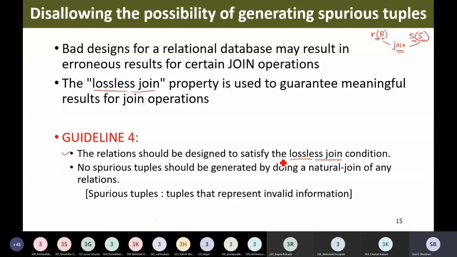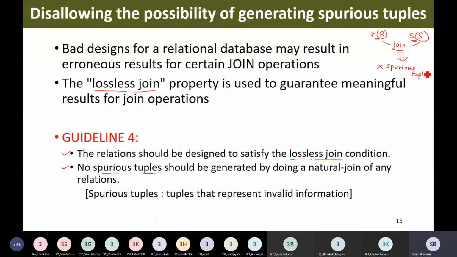What we mean by spurious tuples? Spurious tuples means the tuples that represent some invalid, meaningless information. So whenever we are using the natural join, say for relation R and relation S, if it generates some spurious tuples, that means if it generates some tuples that are meaningless, providing us some invalid information, then such relations we should avoid.